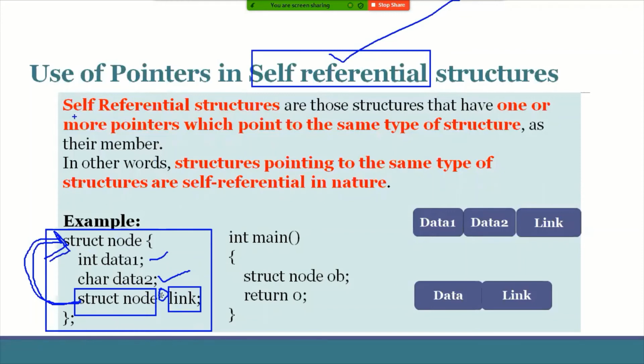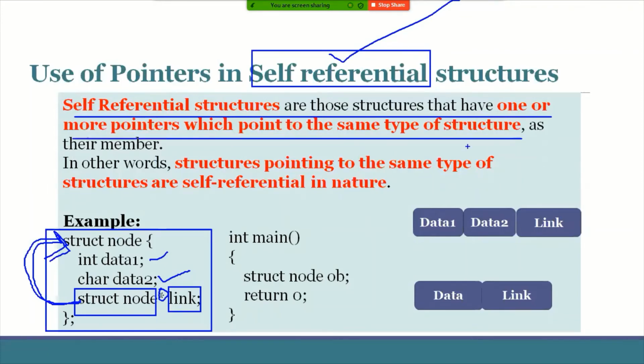So self-referential structures are those structures that have one or more pointers which point to the same type of structure. Same type of structure. You need to remember this point. Its link type is the same structure type. That is called a self-referential structure.